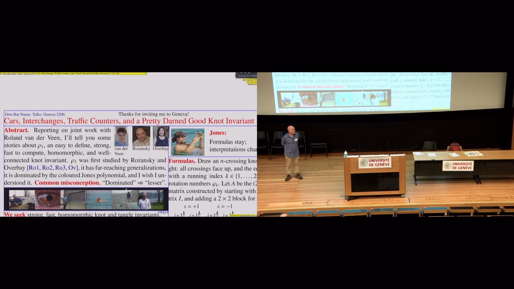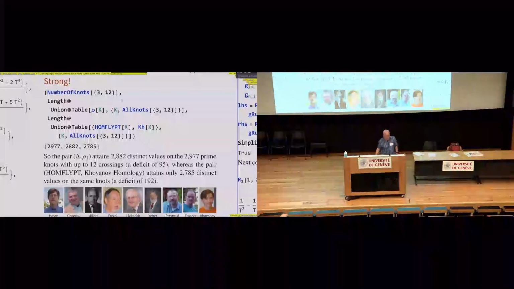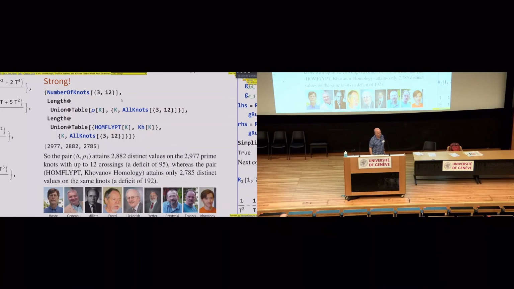I have a somewhat philosophical question about the numbers you showed, right? These simple knots up to 12 crossings, and the number of elements in the image of various invariants. They all come very close to the total number of simple knots, but there are just some sort of smallish defects.